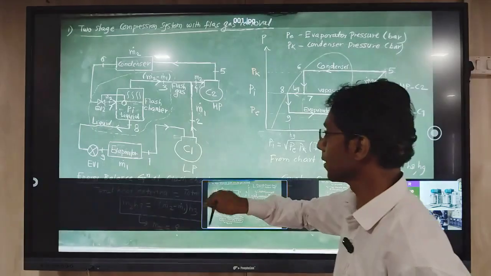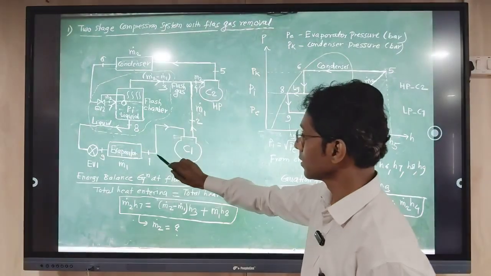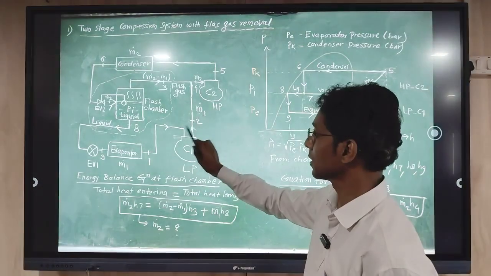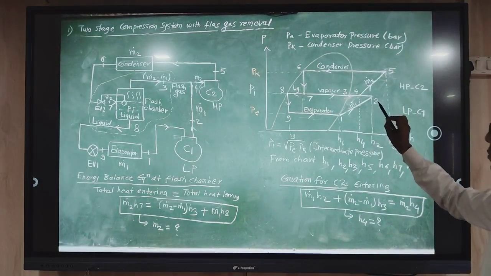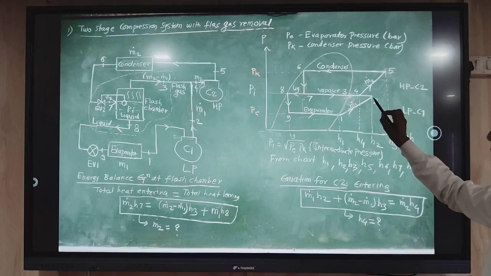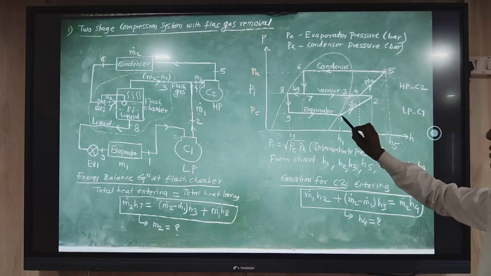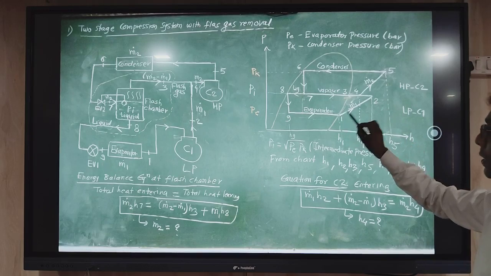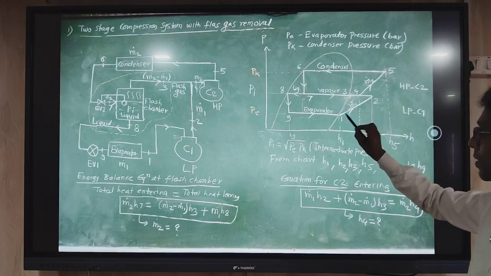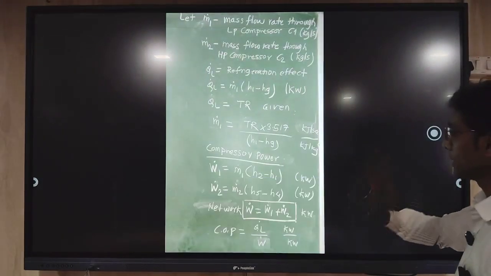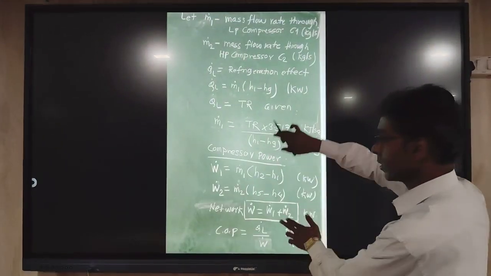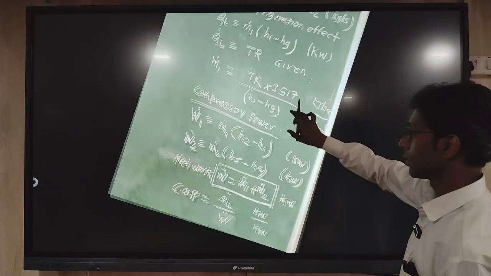Across compressor 1, you can see the enthalpy difference in this pH diagram. H2 is the exit enthalpy of the compressor and H1 is the entry enthalpy of compressor 1. So H2 minus H1 multiplied by the mass flow rate m1 dot is the work done of compressor 1.